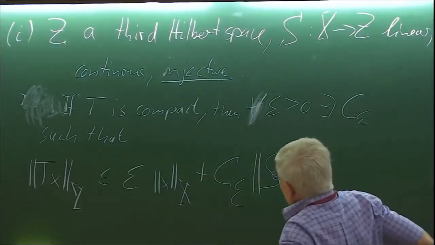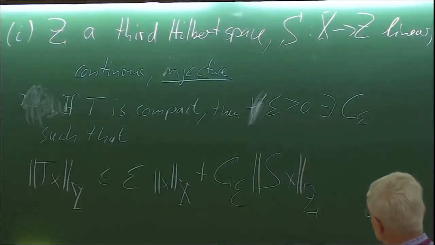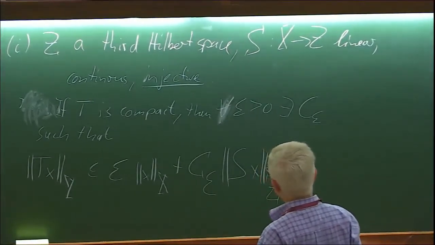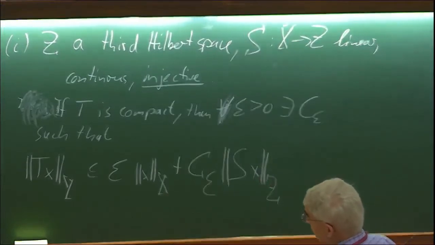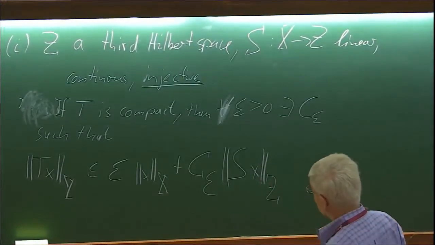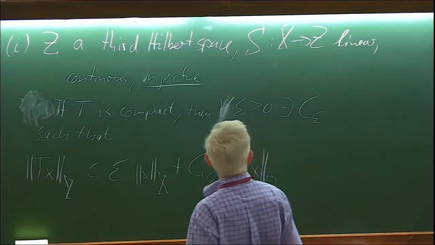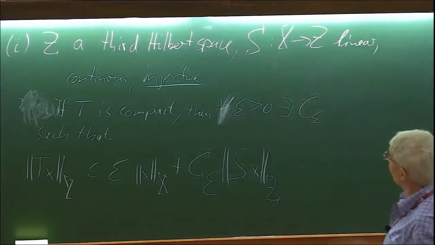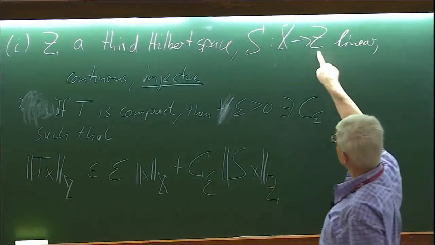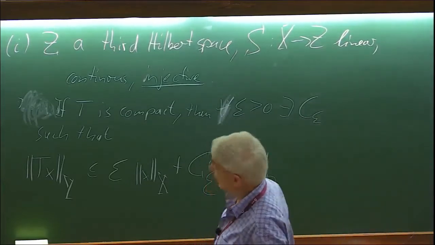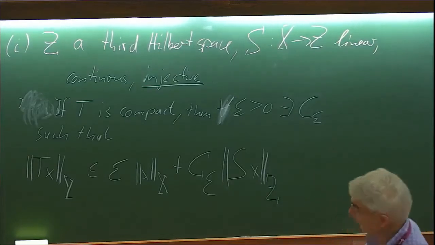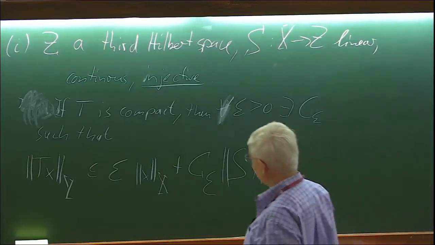A typical application is where X is an L2 space of forms, Z is, say, Sobolev minus 1, and then the embedding is, of course, injective, so that will be satisfied.